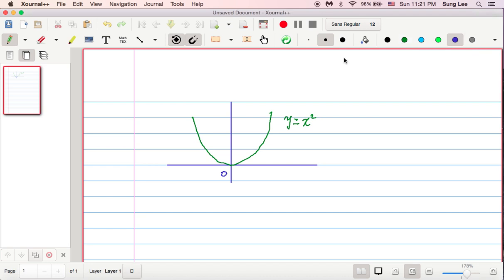Okay, so we want to see how the increasing, decreasing property of this function, y equals x squared, is related to the sign of f prime of x, right? So, try to draw a tangent line.